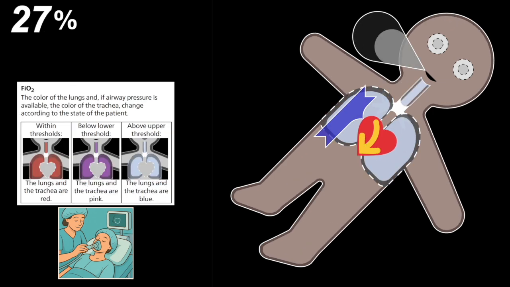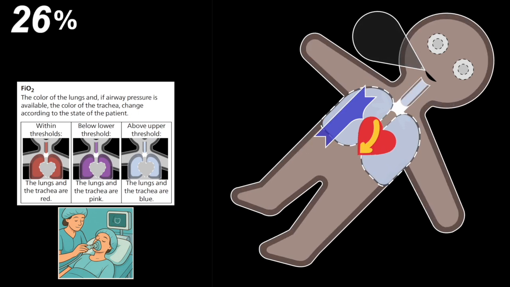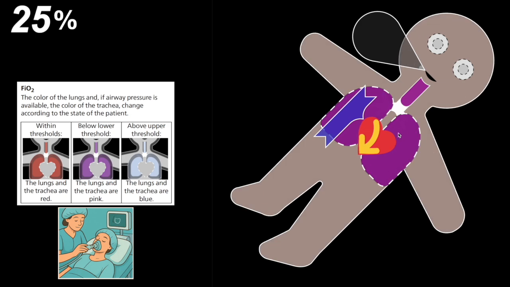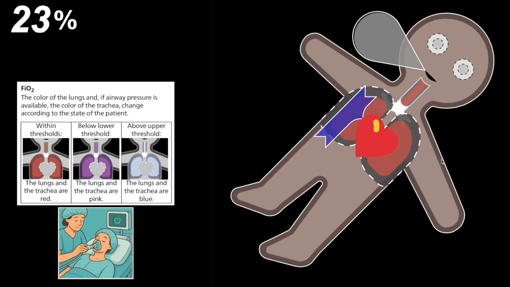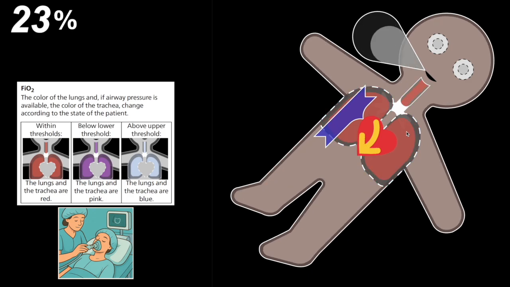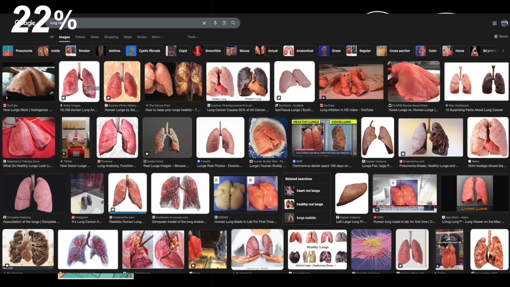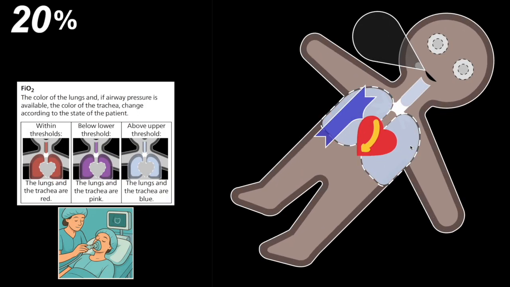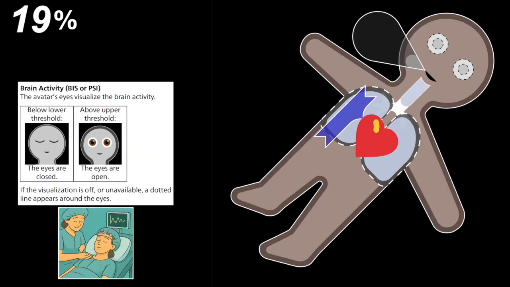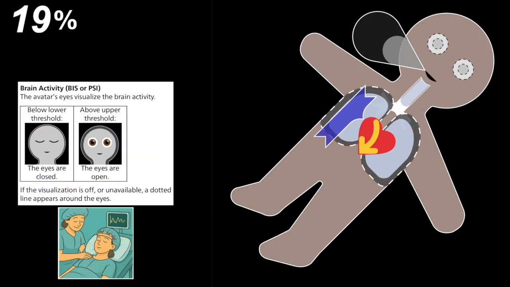Inspiratory oxygen can be shown as high, normal, or too low. It is shown in the color of the lungs, with the light red color here representing regular lung tissue. Now the patient is ready to be intubated, so we also connect a brain activity sensor.